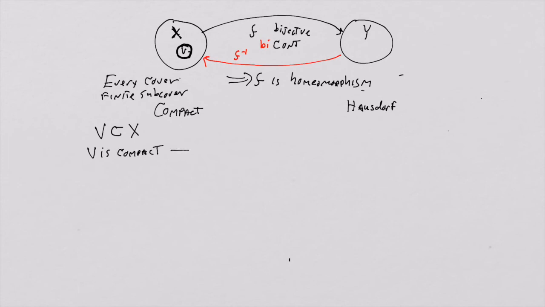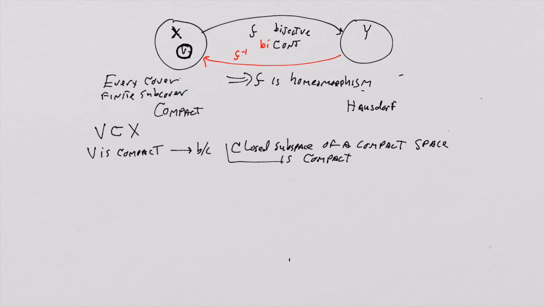Why is it compact? It's compact because a closed subspace of a compact space is compact.